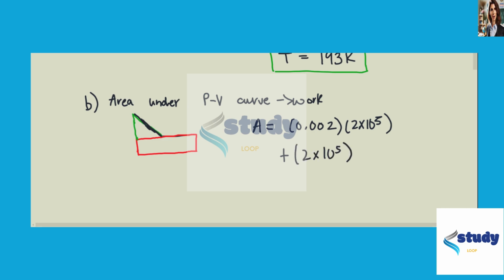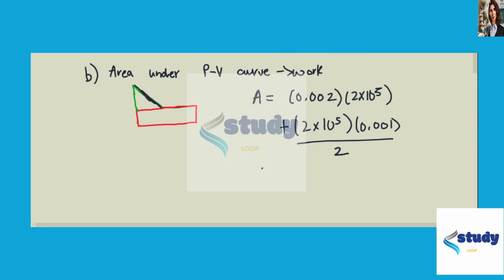The base of the triangle is 0.001. And we're going to divide that by 2 since it's a triangle. So the total area under the graph here is 500. Since the pressure is measured in pascals and the volume in meters cubed, this is 500 joules.